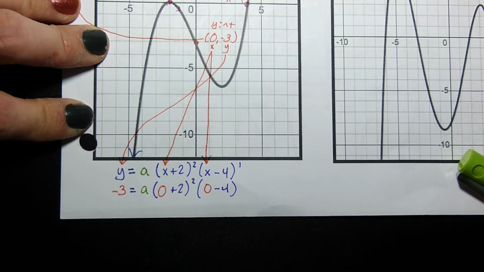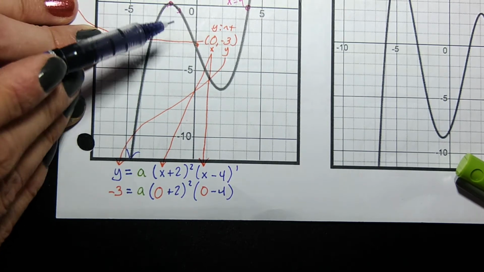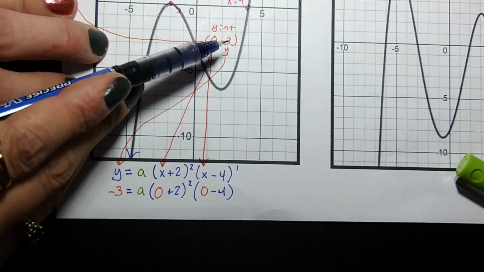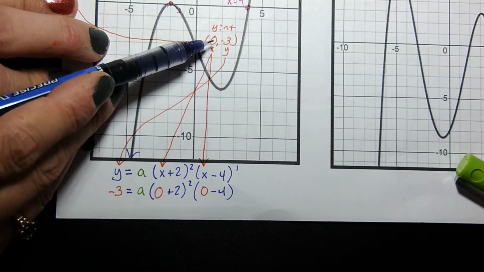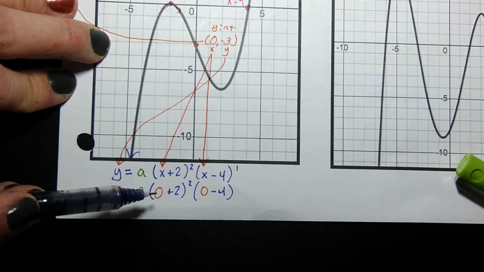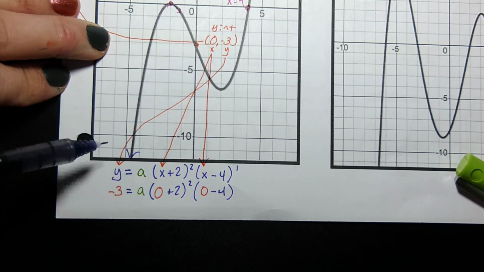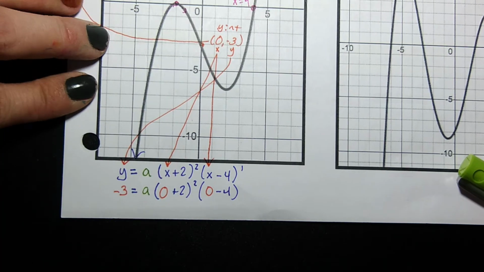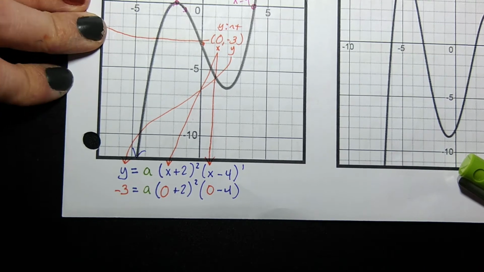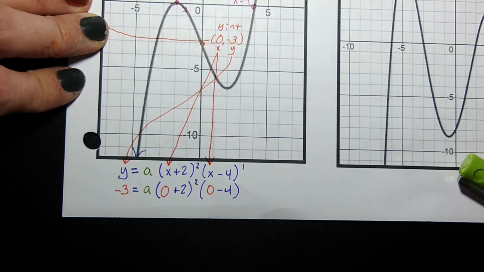So we took our y-intercept, the coordinate, which has an x value and a y value, and we took that x value of 0, plugged it into the equation, took the y value of -3, plugged that into our equation, and now what I can do is solve this equation for a.